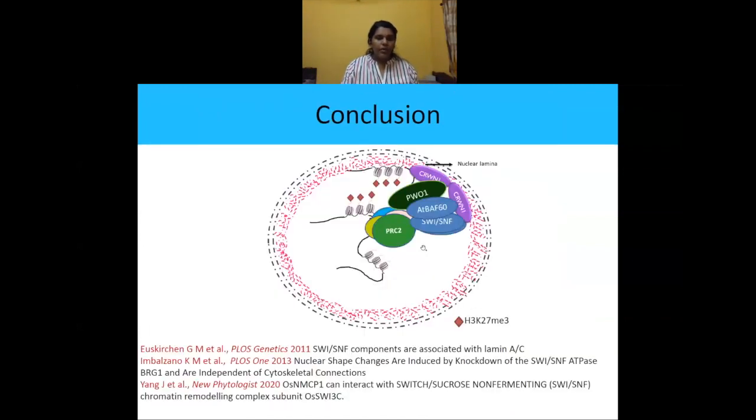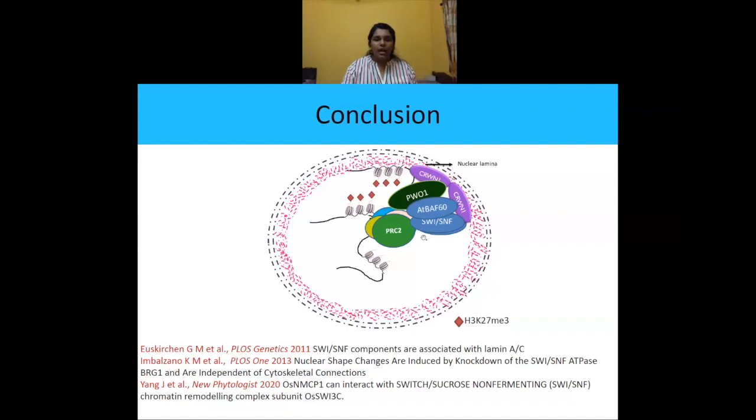So the model we propose here: we can see that the nuclear periphery or the nuclear lamina in plants, composed of CROWN1, interacts with two major complexes within the nuclei. One is the Polycomb repressive complex, with PWO1 as its interactor, which interacts with CROWN1. CROWN1 also interacts with ATBAF60, which is part of the SWI/SNF complex.